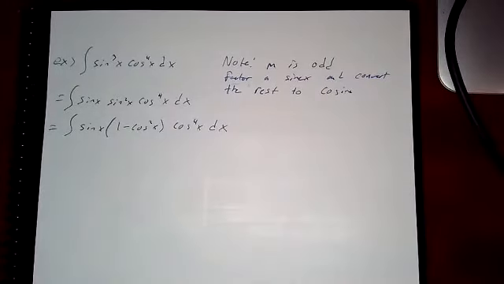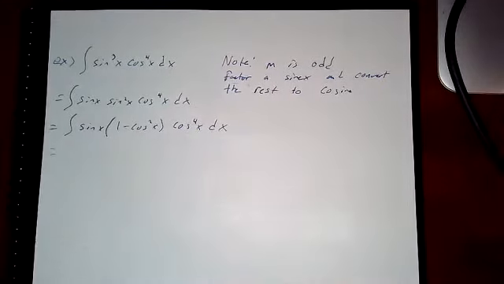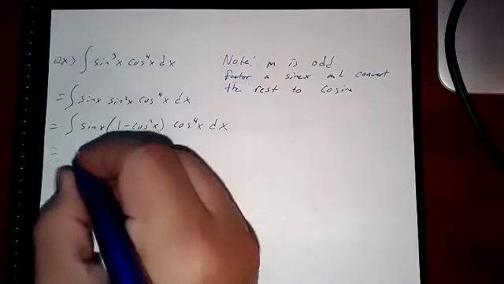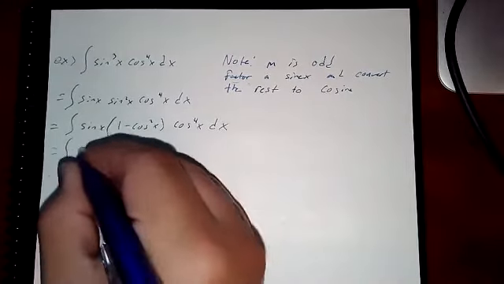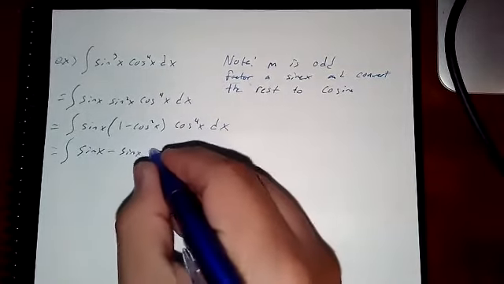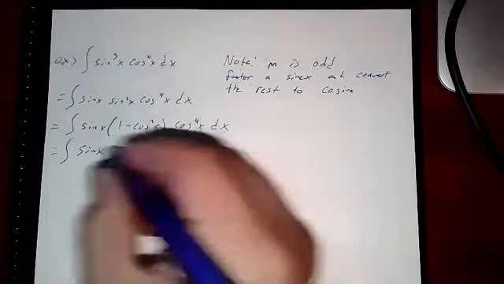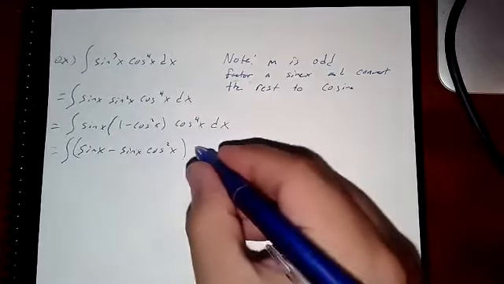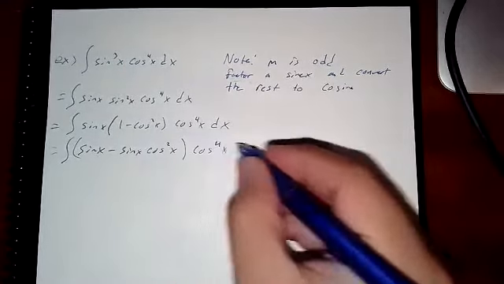So then we need to distribute the sine and cosine. So we get sine x minus sine x cosine squared x, times cosine 4x dx.